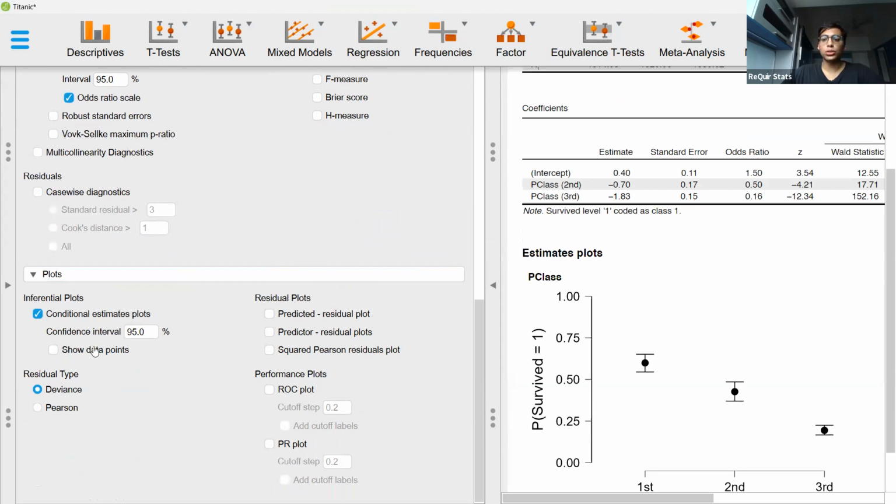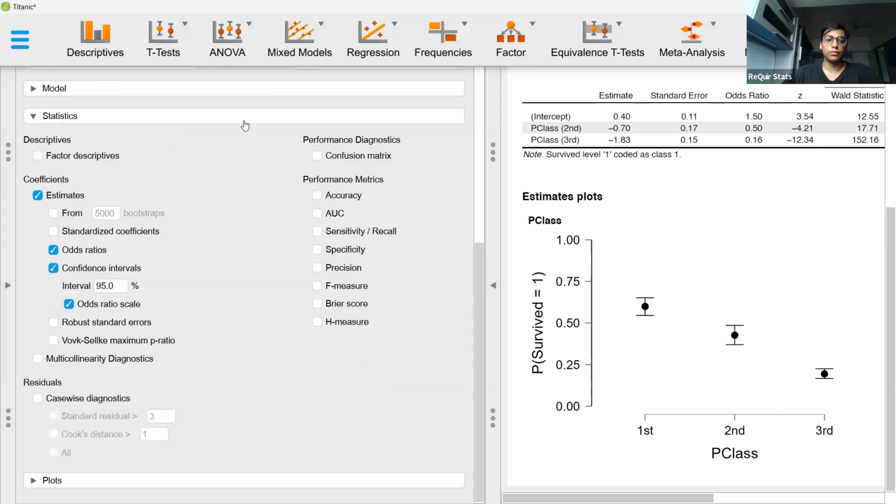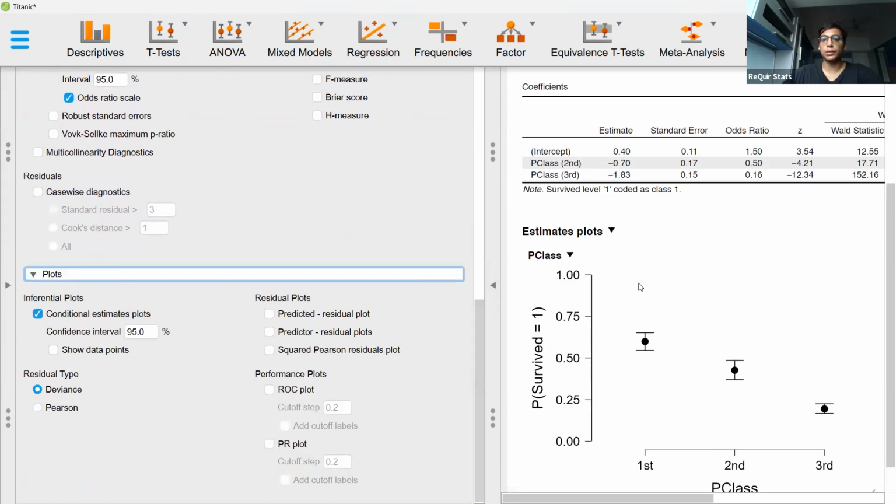And show data points just shows the data points, but if you want, you can select that. All right. So what did we do? Odds ratios, CIs, and underneath the CIs, the odds ratio scale, and the conditional estimates plot. That is what we did.